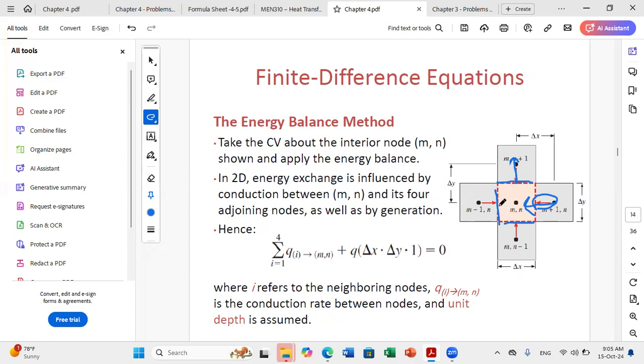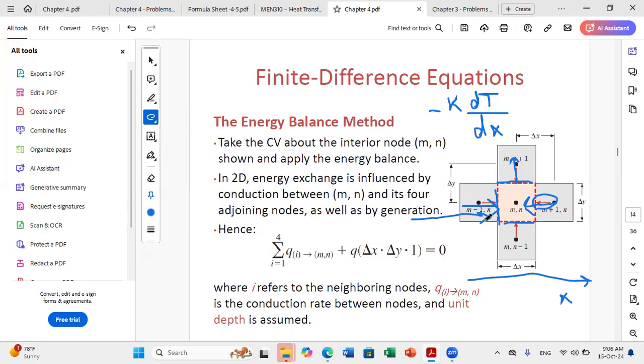And we know the expression of Q conduction. Q conduction is minus k, if I consider an x direction, minus k dT by dx. Please pay attention. It's minus k dT by dx if you take x like this and you consider the flux in positive x.